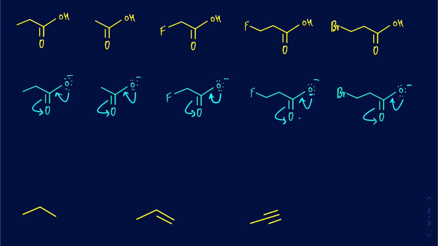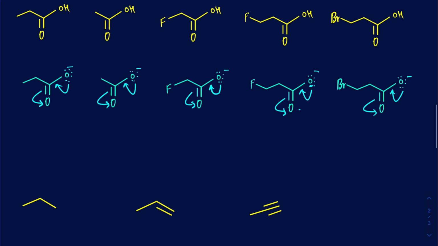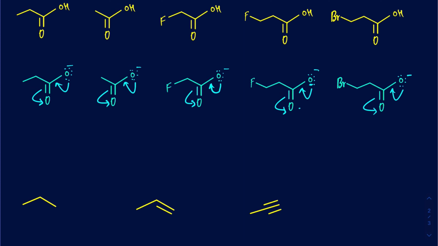So now you got to worry about your electron donating, your electron withdrawing groups, or another way of saying your inductive effect. Now remember, your fluorines or your halogens are electron withdrawing groups, and electron withdrawing groups make those conjugate bases more stable because they pull in the electrons onto themselves and stabilize the negative charge on those oxygens in that case.